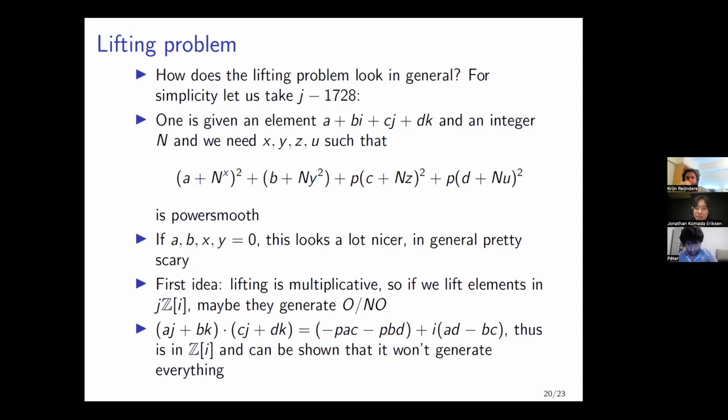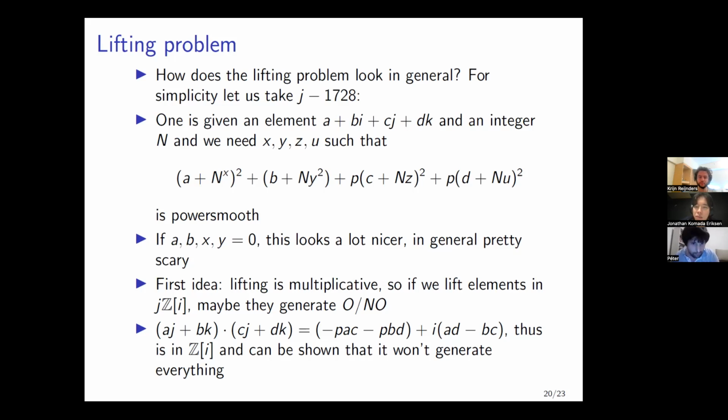So it means you have an element of the form A plus B times I plus C times J plus D times K. Obviously there are some typos on the slide here. Basically, you're searching for X, Y, Z, and U such that (A plus NX) squared plus (B plus NY) squared, plus P times (C plus NZ) squared, plus P times (D plus NU) squared has to be power smooth. And I mean, it looks horrible. It looks very, very ugly.